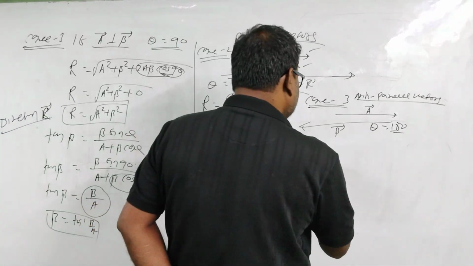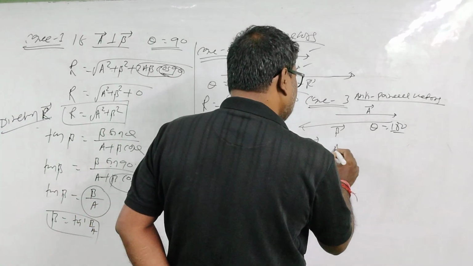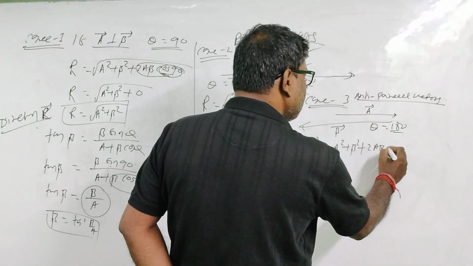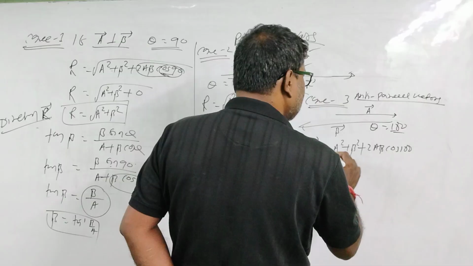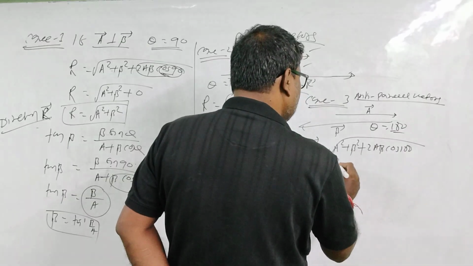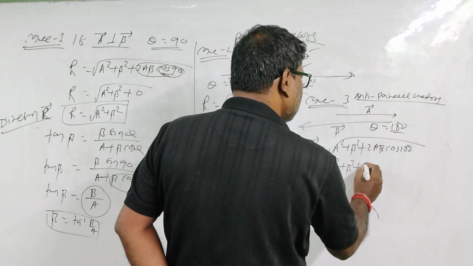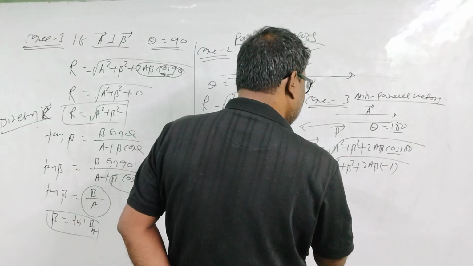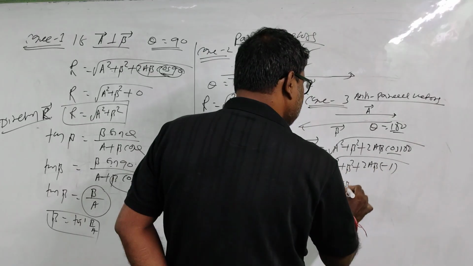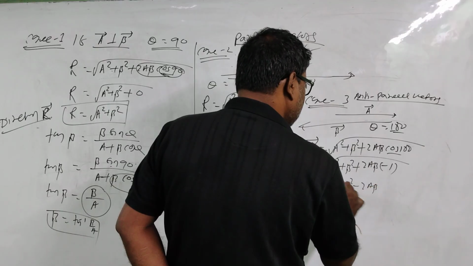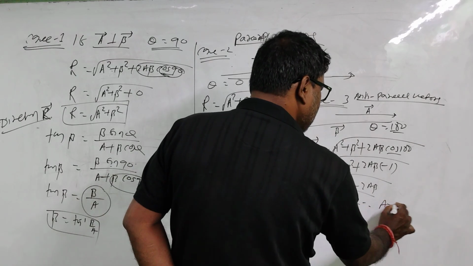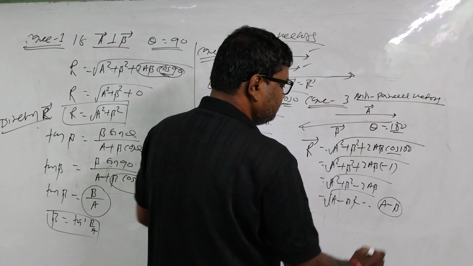So the resultant is the root of A square plus B square plus 2AB cos 180. Cos 180 is minus 1. So A square plus B square minus 2AB, root, equal to A minus B whole square root, equal to A minus B. This is minimum.